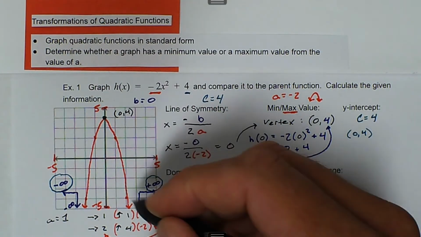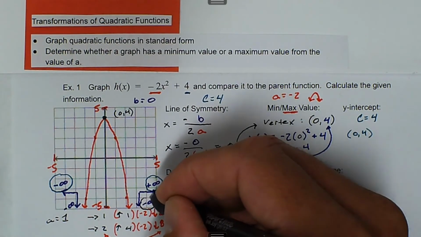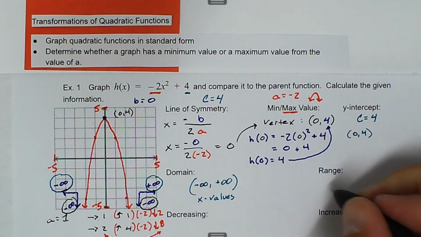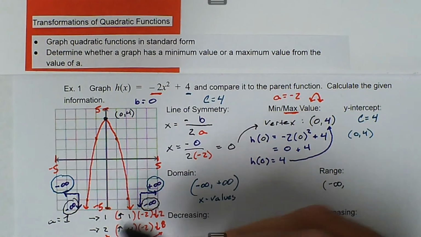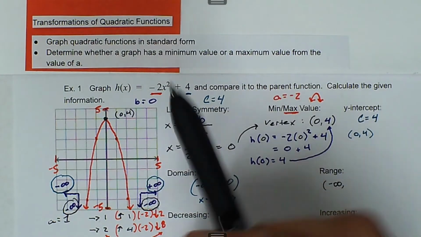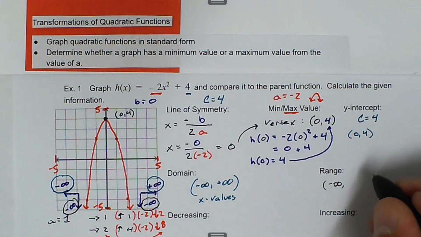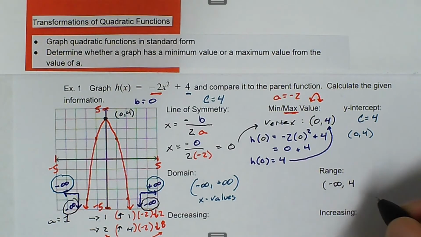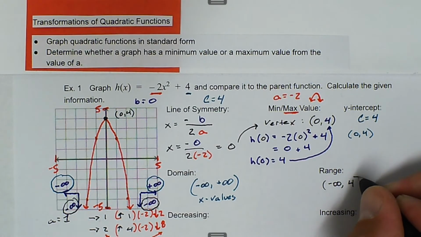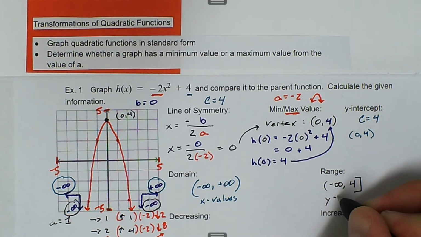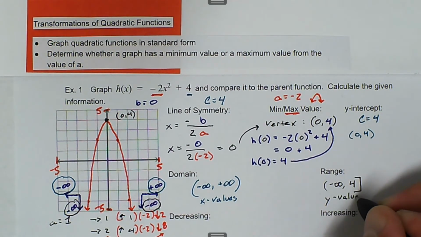We go to -infinity and -infinity. That's the y. So we're going to start at -infinity. And then we're going to see how high do we go. We have a maximum value where y is equal to +4. So +4 is included, so we use a bracket there, and this represents all the y values.